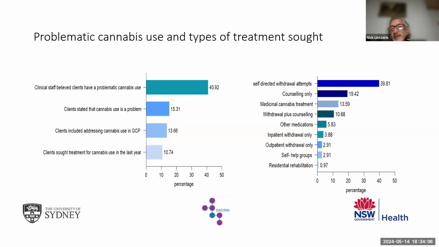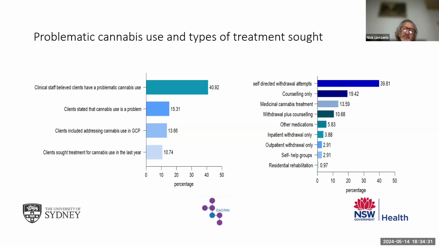When we ask the staff, what kinds of treatments or attempts at treatment have your clients thought about? Self-directed attempts at stopping, counselling. And then what surprised us was medical cannabis treatment at 13%. And we're thinking, really? Is that what our staff think? We're going to ask the clients to see if that's true or not.